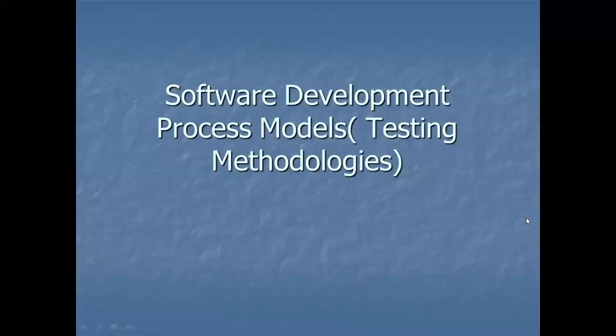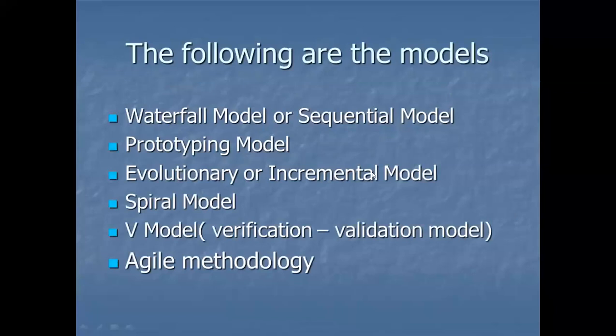There are different types. The first one is the waterfall model, a sequential model. The second one is the prototype model. The third one is the evolutionary or incremental model, then the spiral model, V model, and finally agile methodology.